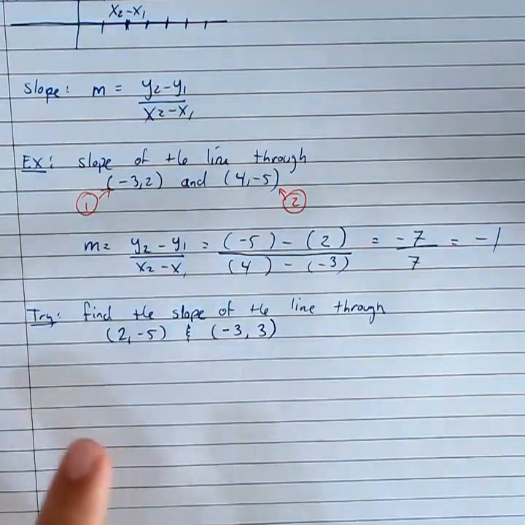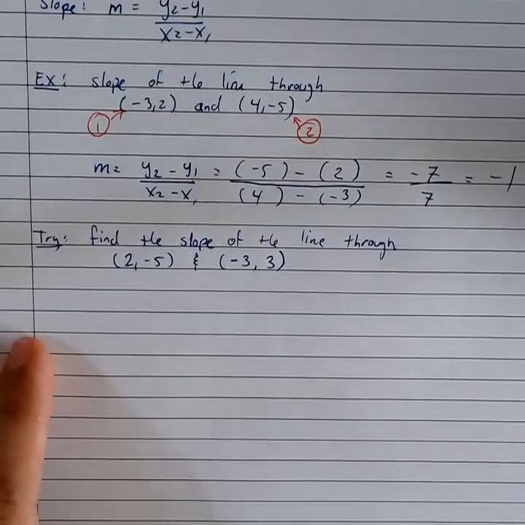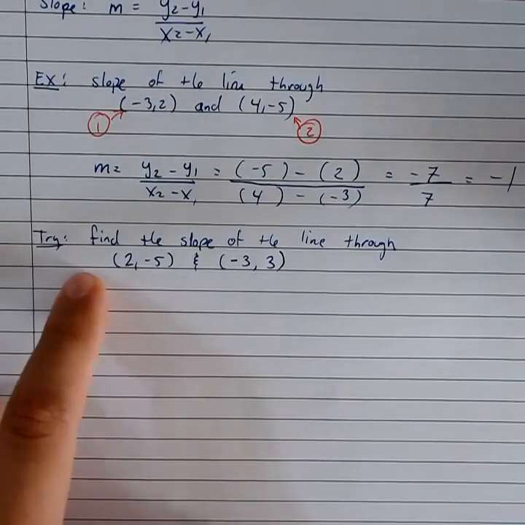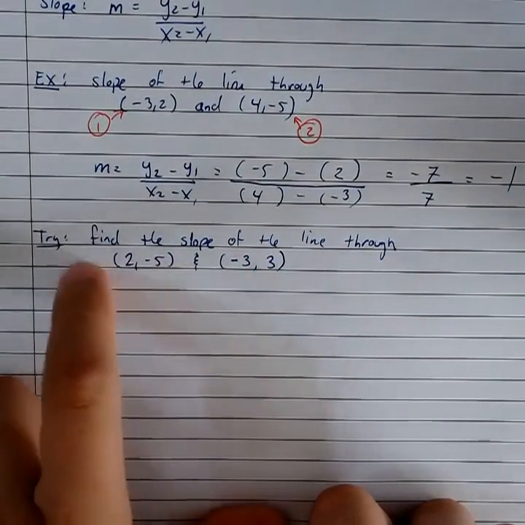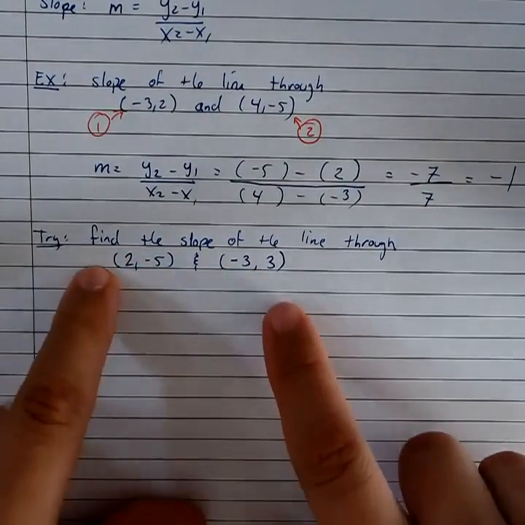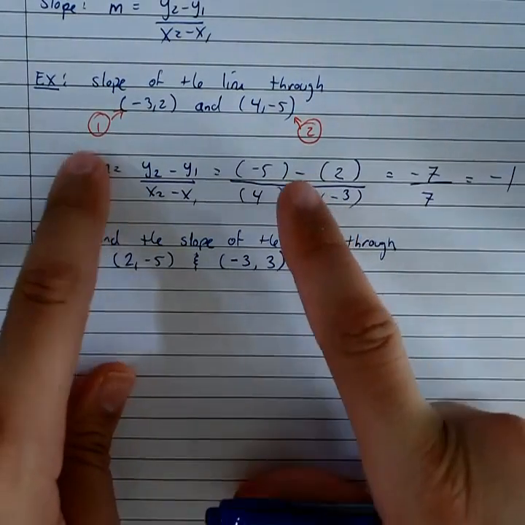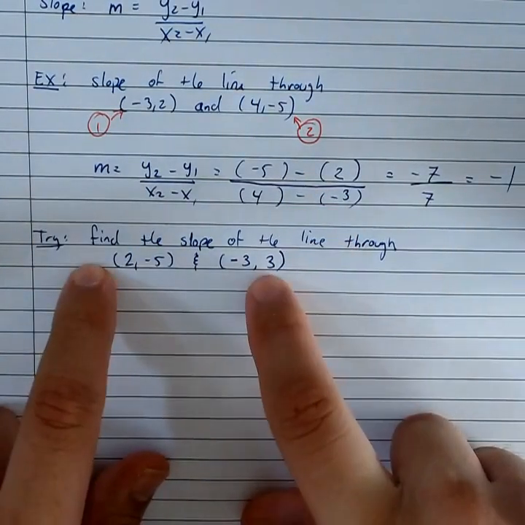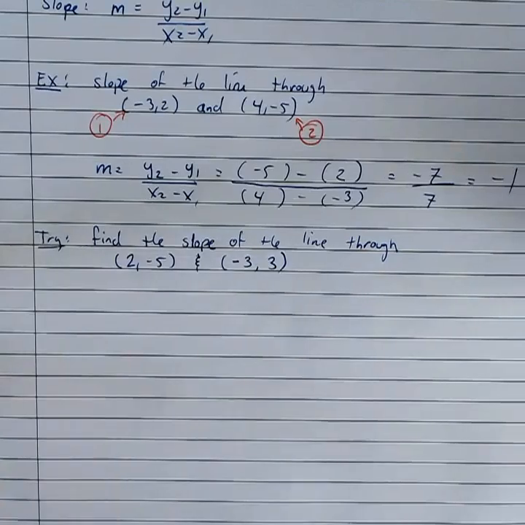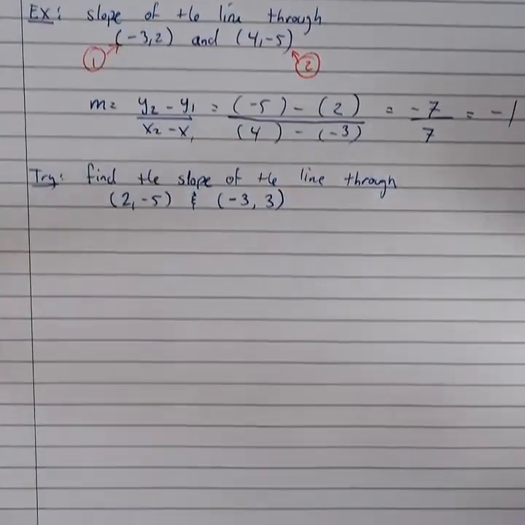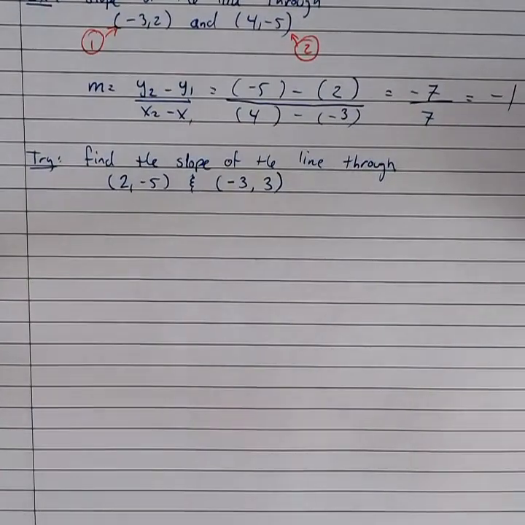Choose one of these to be point number 1 and the other to be point number 2. If you like, you can even switch that and do it again. You'll get the same answer either way. Go ahead and pause the video, and once you have an answer, unpause and we'll go through it together.